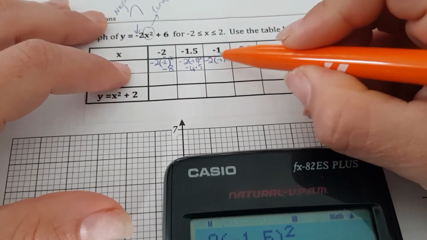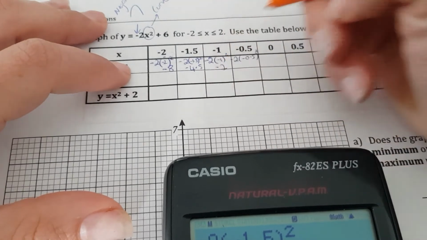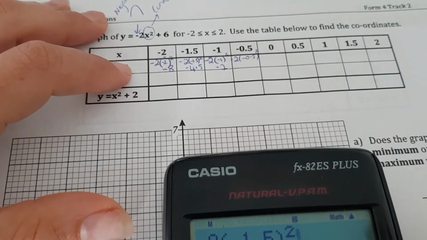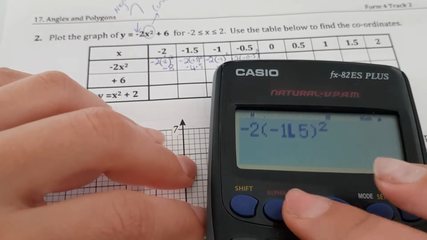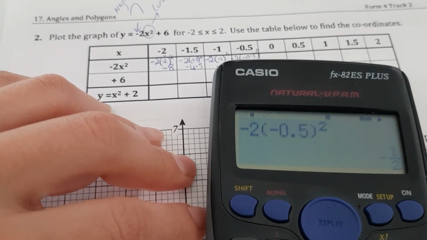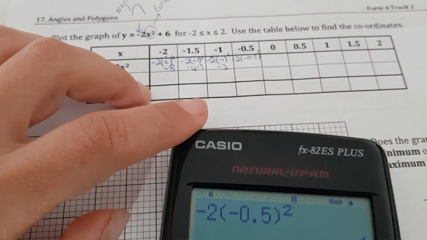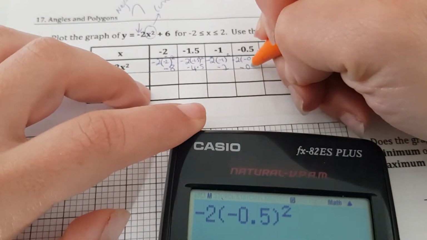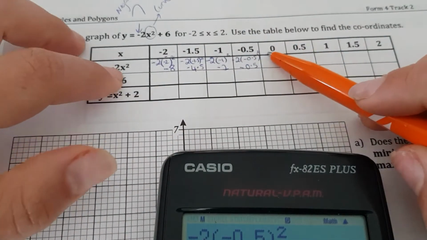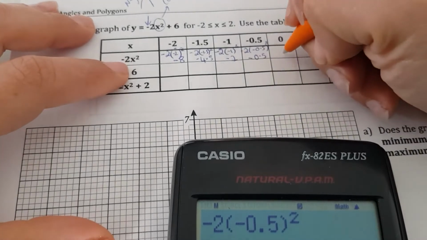Okay, this will be 1 whole times minus 2. And this will be, delete that one, arrange that, it's minus 0.5. Okay, 0 squared times will give us a 0.